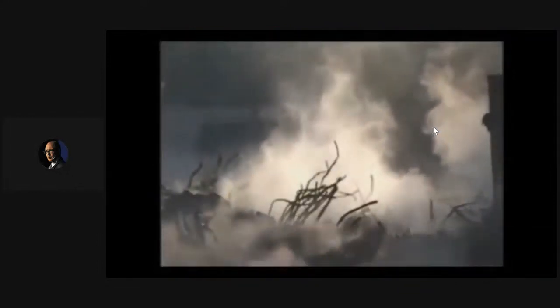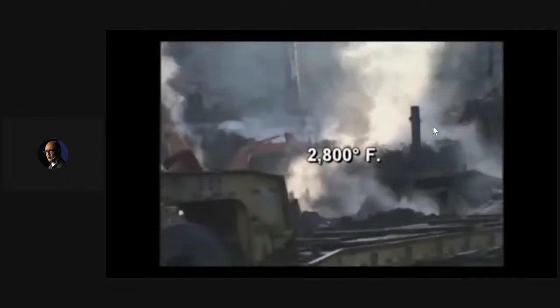In fact, the temperature of 2,800 degrees mentioned before is not casual at all, as that's exactly the temperature at which steel melts.